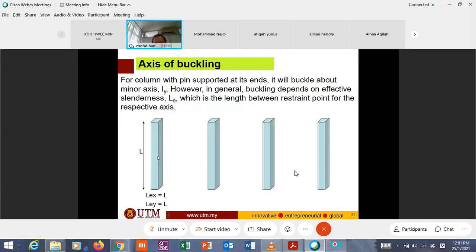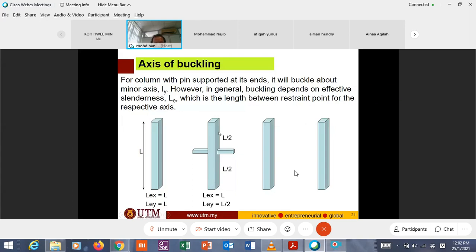What happens if, in between the top and bottom pin supports, you have a restraint here? We call it restraint, another member or secondary member, that restrains this column from buckling in this direction.